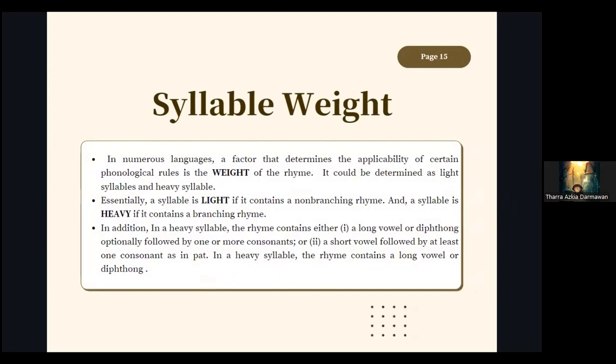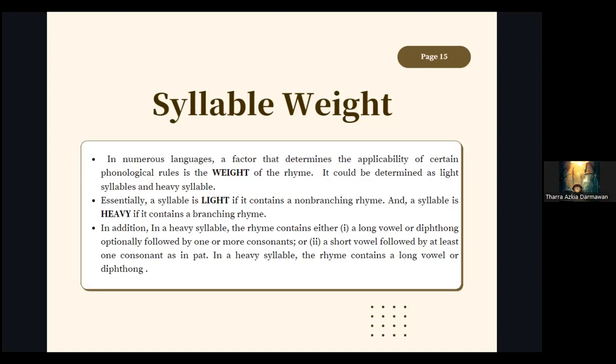Here, the syllable weight. In numerous languages, a factor that determines the applicability of certain phonological rules is the weight of the rhyme. It could be determined as light syllables and heavy syllables. Essentially, a syllable is light if it contains a non-branching rhyme, and a syllable is heavy if it contains a branching rhyme.